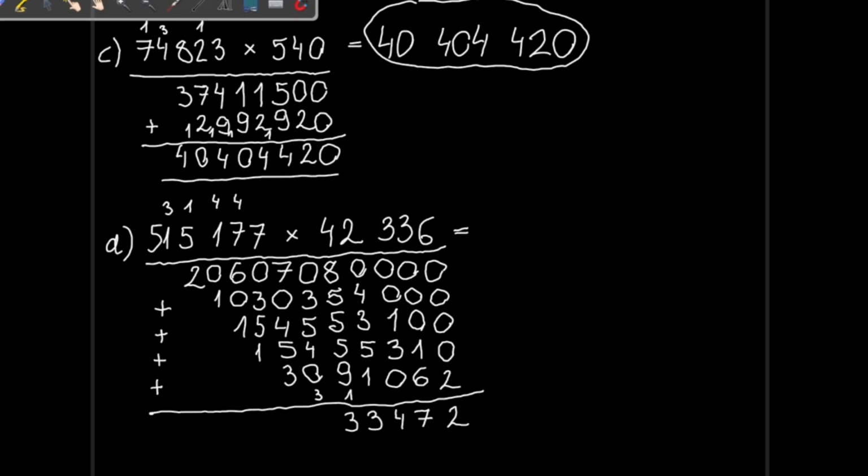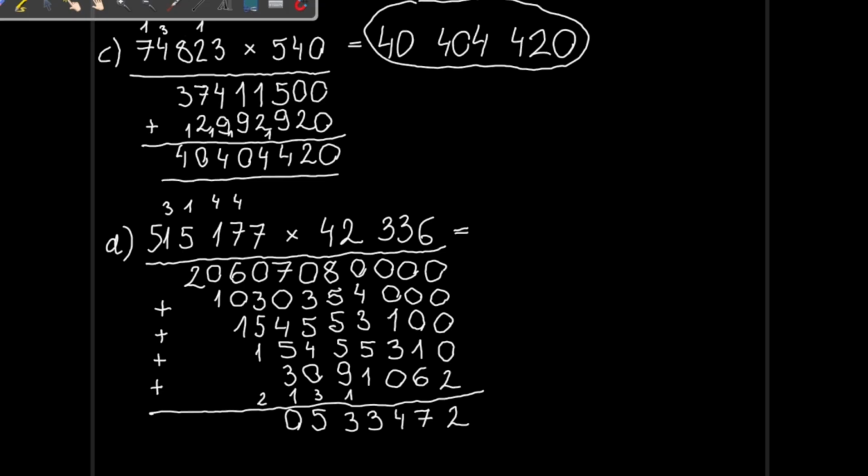And then we have 3 plus 4 plus 5 plus 3. Okay, so that should be 15. And then we have 1 plus 3 plus 5 plus 4 plus 7, which should give us 20. 20.